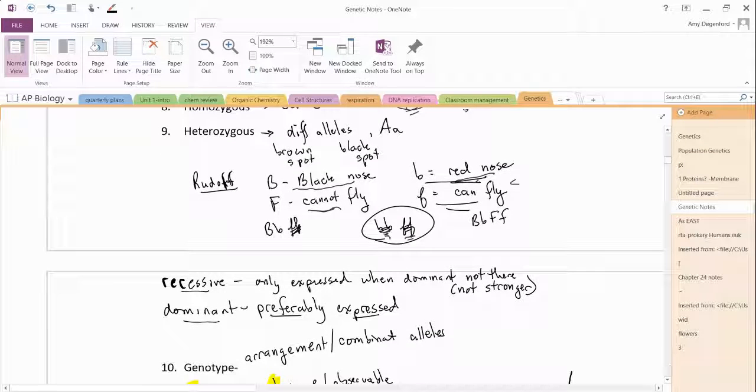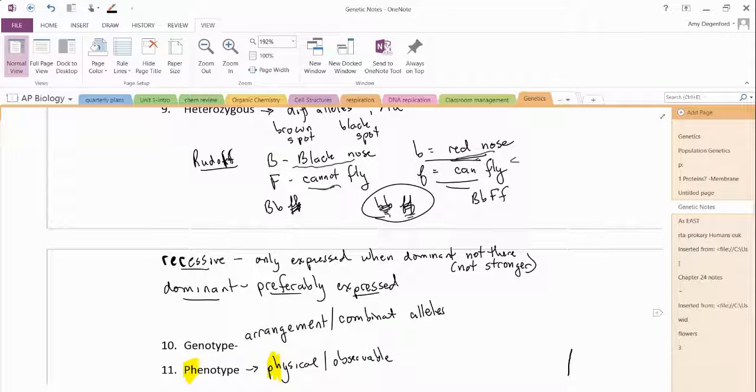So in that case, he has to be homozygous recessive for all traits. Dominant means it's going to be expressed even if there's only one allele; that gene takes over if it's a completely dominant type of gene. And recessive means you're only getting that trait if it's homozygous.